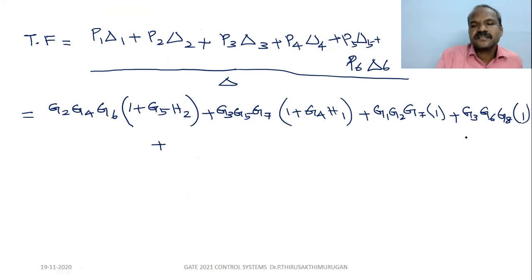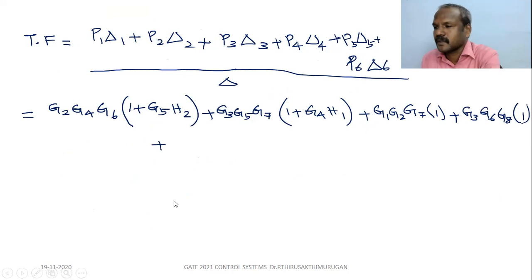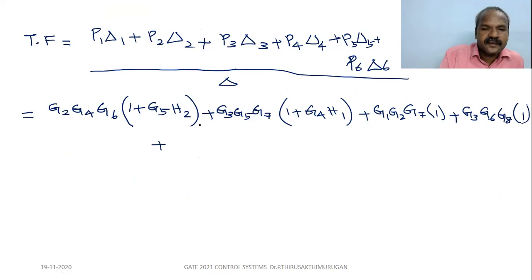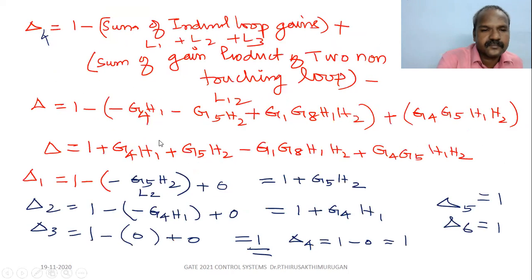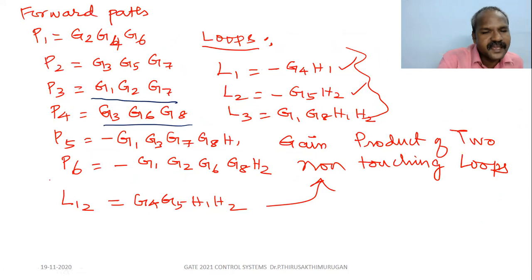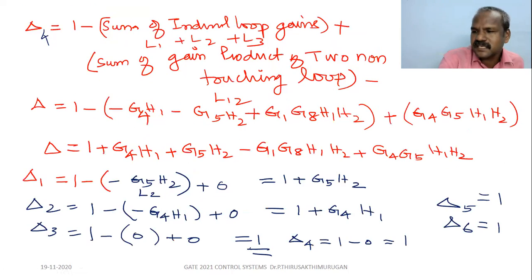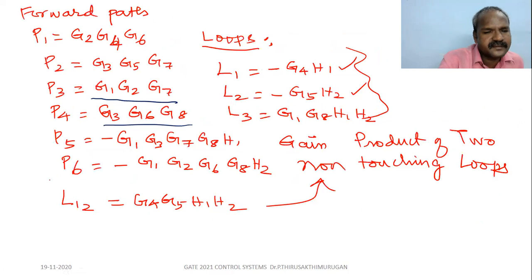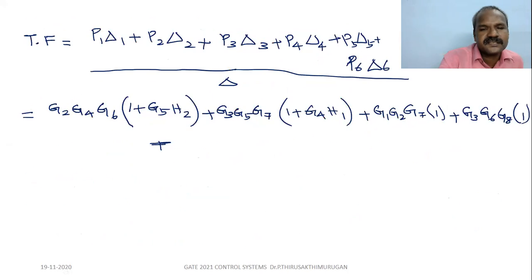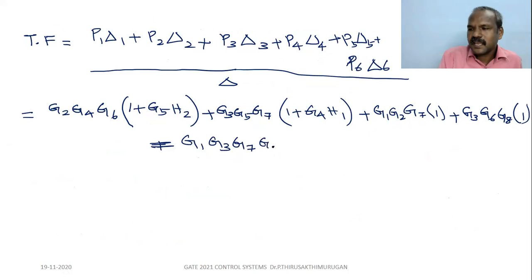Plus, what is P5? P5 is minus G1, G3, G7 minus G1, G3, G7, G8, H1 minus G1 into 1.